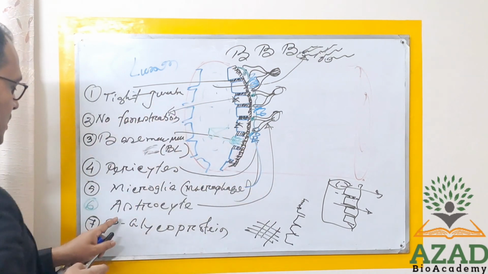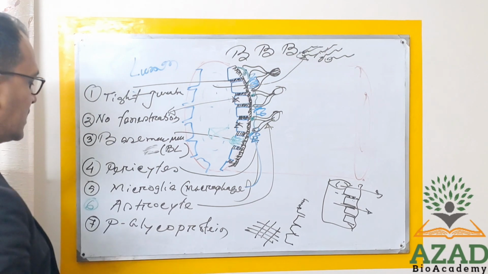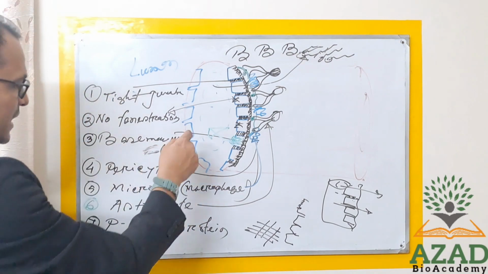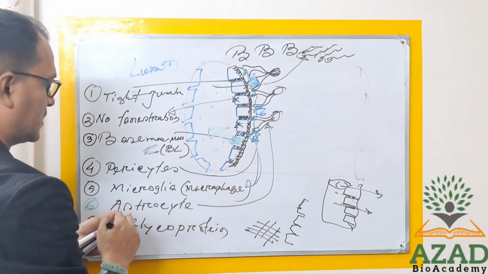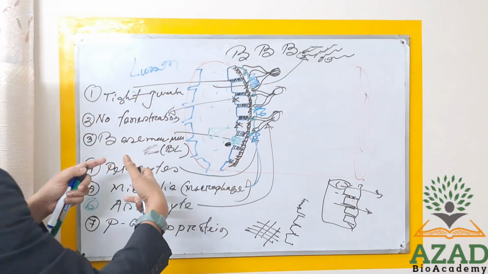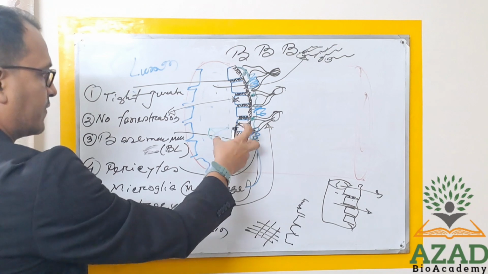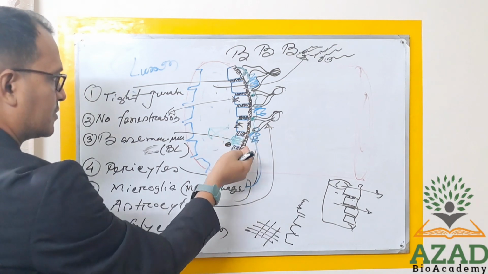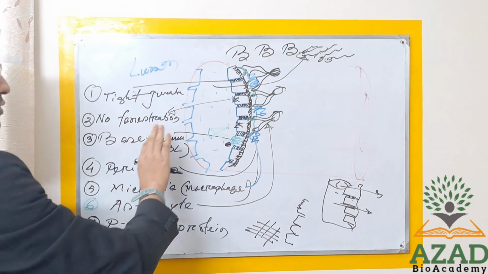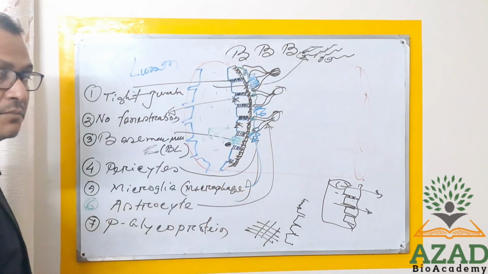This P glycoprotein basically works with energy, which means ATP is attached to it. Suppose here is the ATP that will gain energy, and that will work to efflux the unwanted substance into the lumen to go away through the blood capillaries. That means it will not allow it to pass from the blood capillaries to the brain cell.